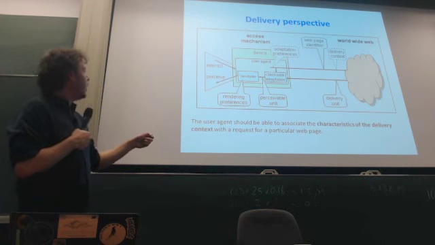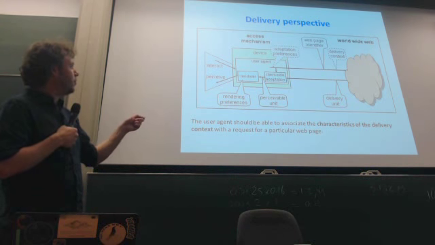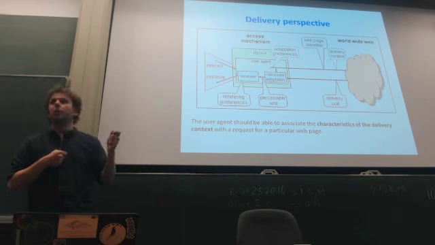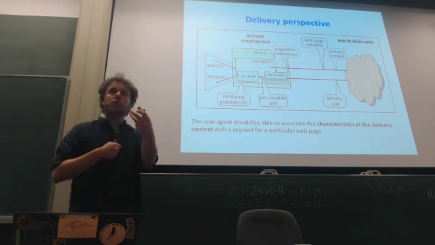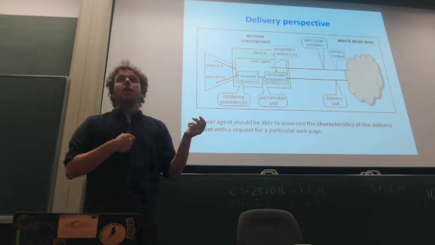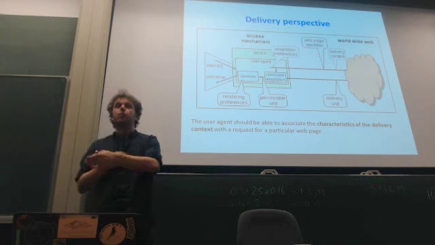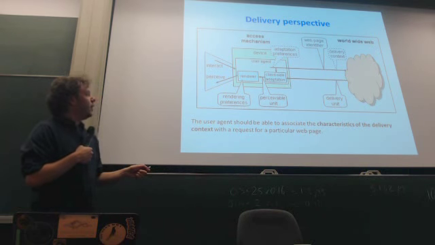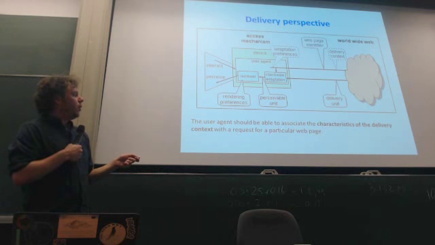So I have here the user, and I interact and perceive through my device. This can be a mobile phone, or it can be a desktop, or it can be a screen reader, or some other cool thing. And in this case, I should be able to use client-side adaptation.